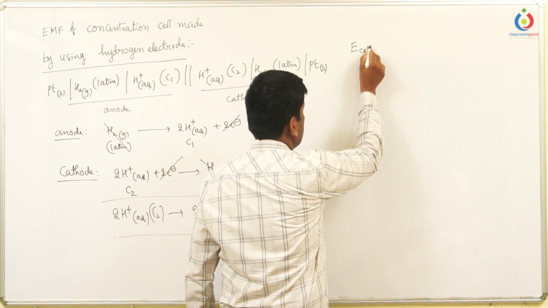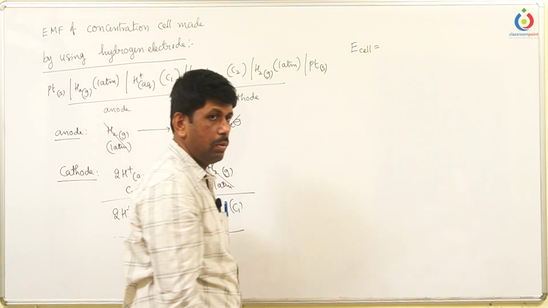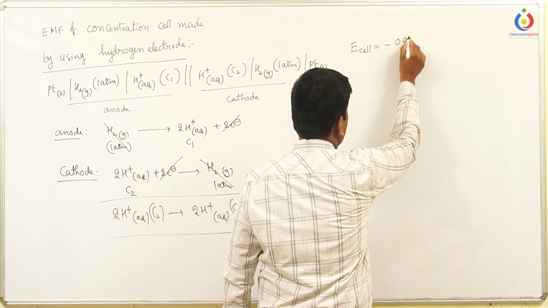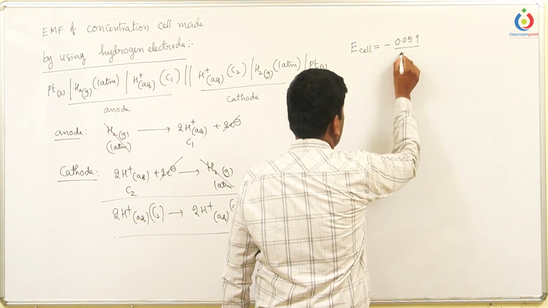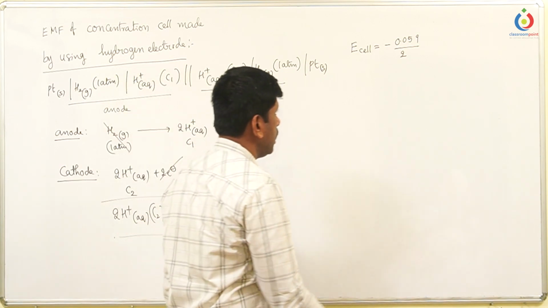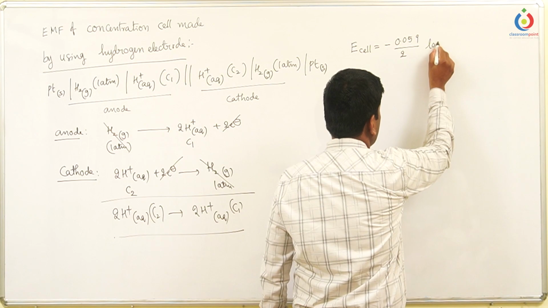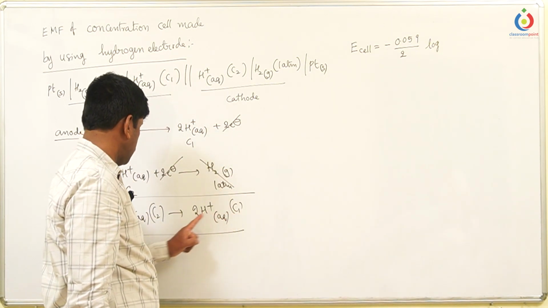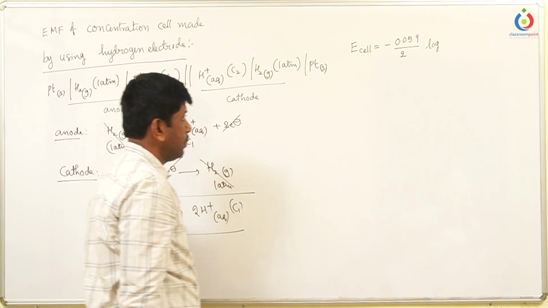E cell, where E naught cell value is 0, equals minus 0.059 by 2, since 2 moles of electrons are exchanged in this reaction, into log of the concentration of the product, which is C1, over the reactant, which is C2.